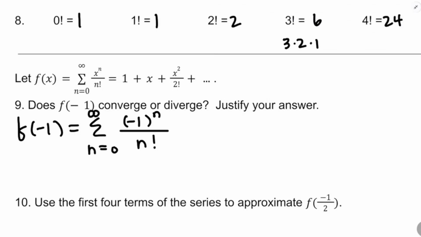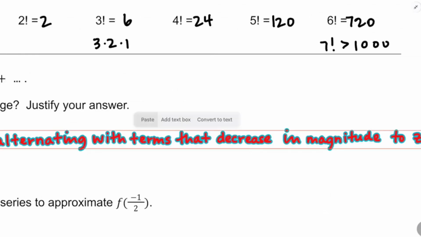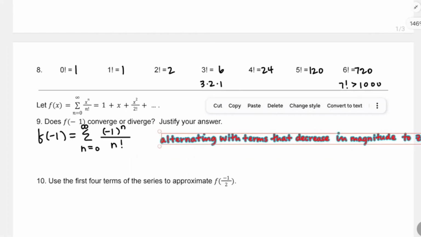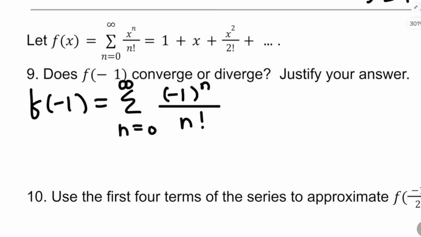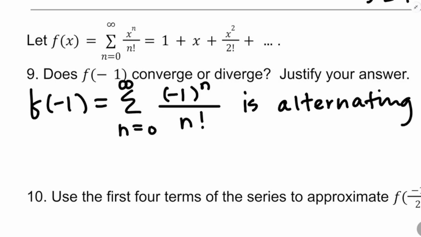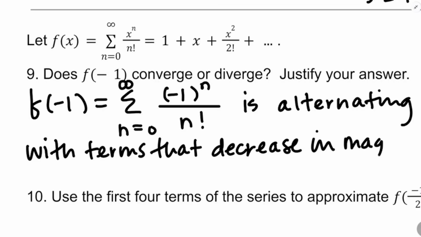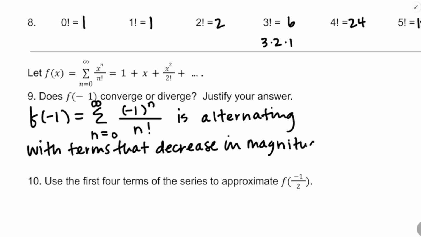So this is an alternating series that meets all the conditions. Okay, that gives me convergence of f of -1.